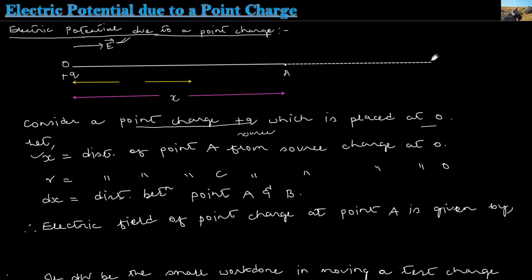And then suppose at this particular point, let us place a test charge Q0. This Q0 is our test charge. And let this Q0 be located at infinity. If you want to move this charge Q0 from infinity up to A, we have to do a certain work.